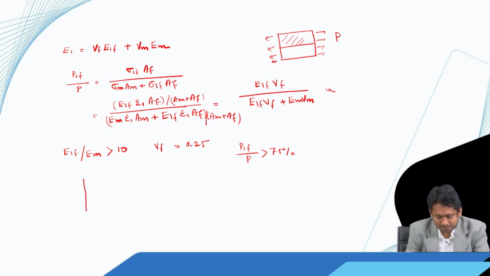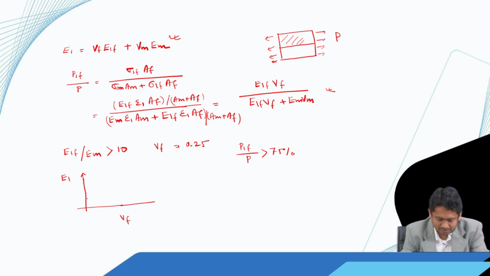Also, regarding the relation that we derived, if you want to plot the variation of E 1 with fiber volume fraction, the plot is linear and it looks like this. So, this is 0 and this is 1.